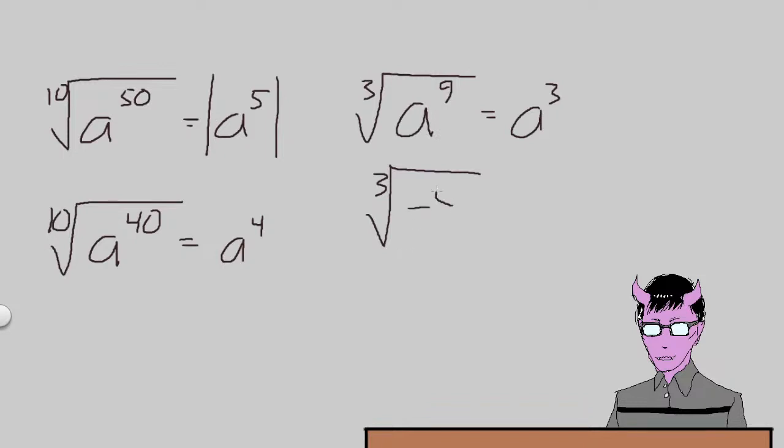Case in point, if you had negative 27, for example, if you think about it, can we evaluate that negative sign? Yes, we can. If you think about it, negative 27 could be negative 3 times negative 3 times negative 3.